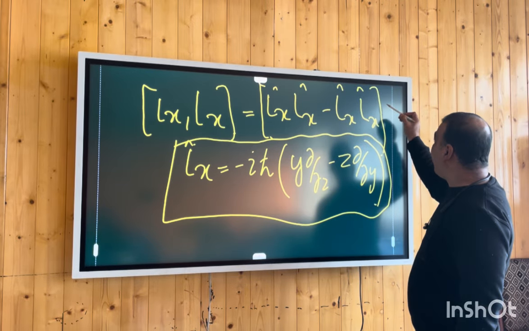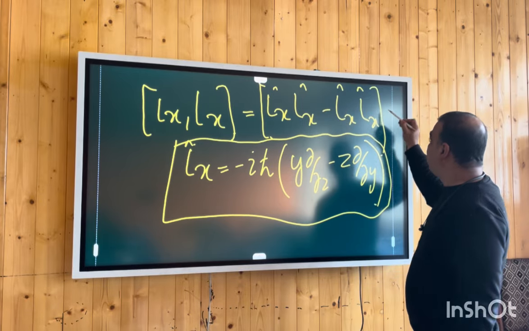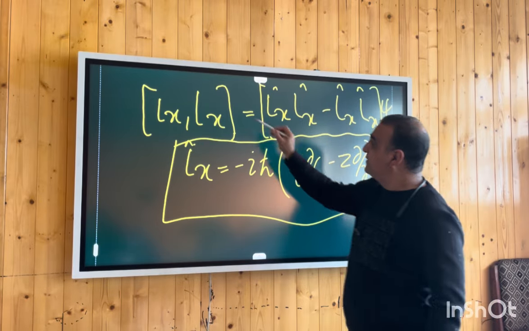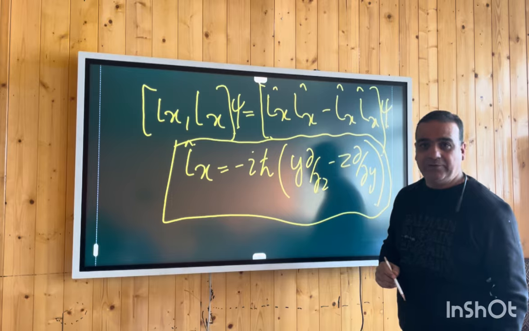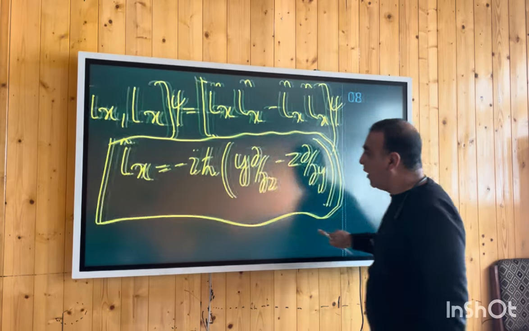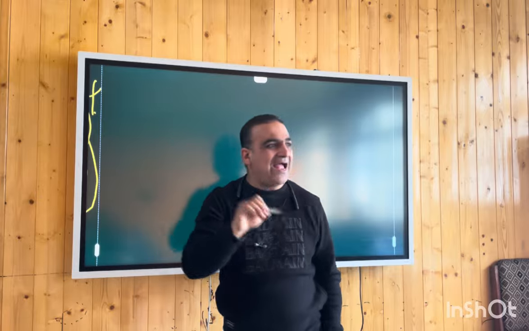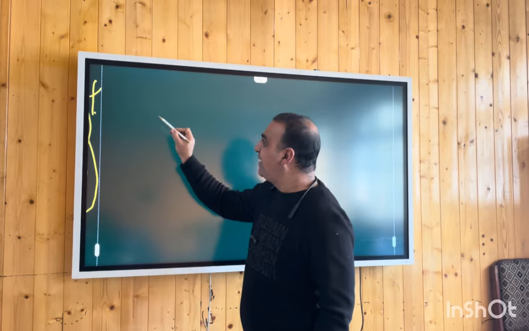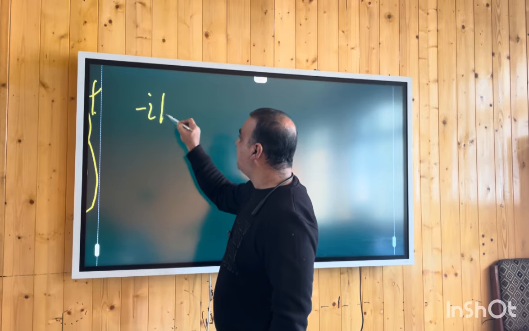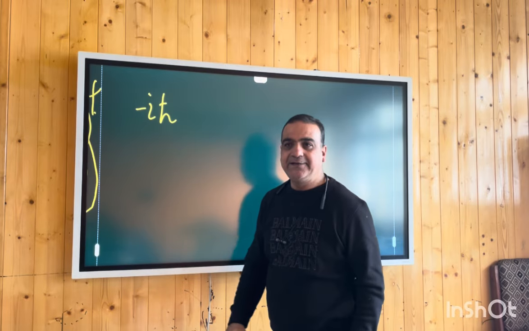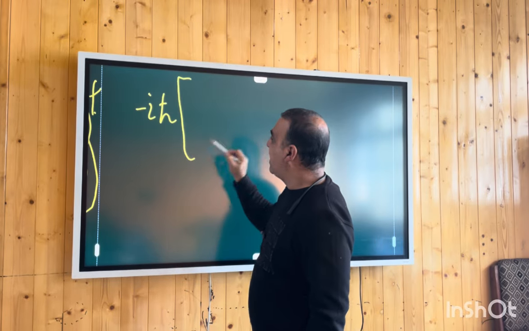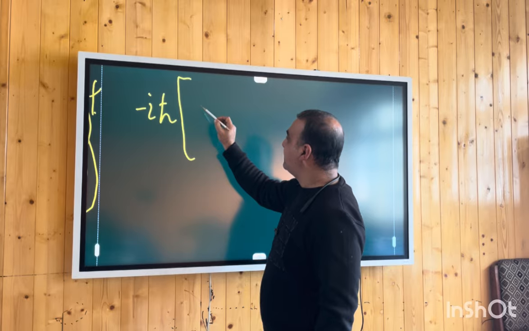So how can we calculate? We would like to act it on some state function. Say that state function is psi. Right? So what's going to happen? You will have minus i h bar common, so I will write minus i h bar outside. And inside I will have Lx, and what is Lx?